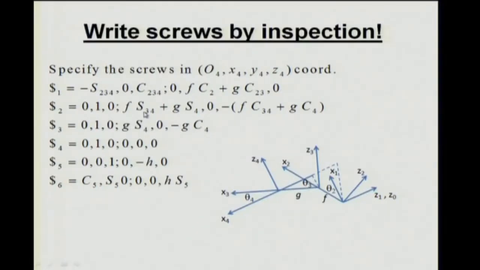Now you can go here, so there are two terms, f times S3 4 plus g, so this one is also in the same direction coming out. Now what is the moment of this about the Z4 and the X4 axis?